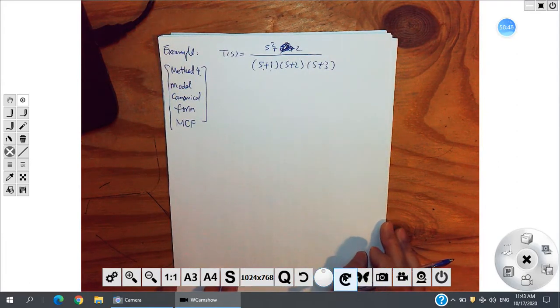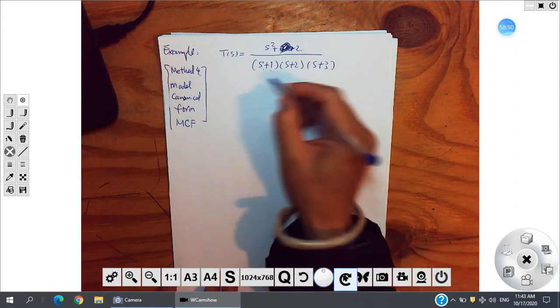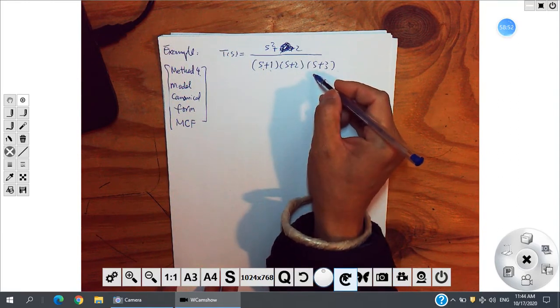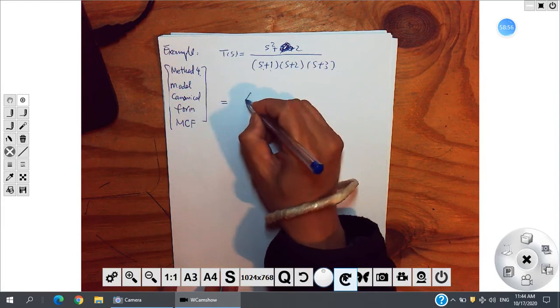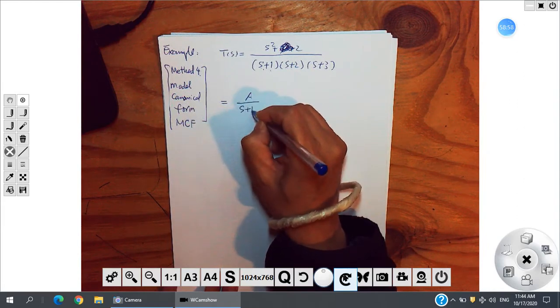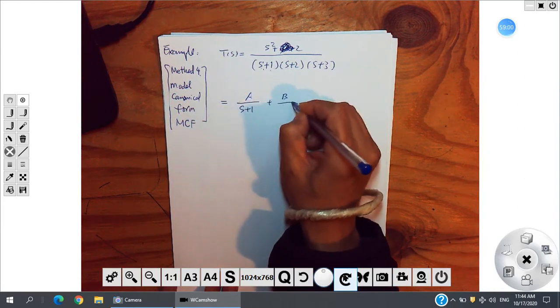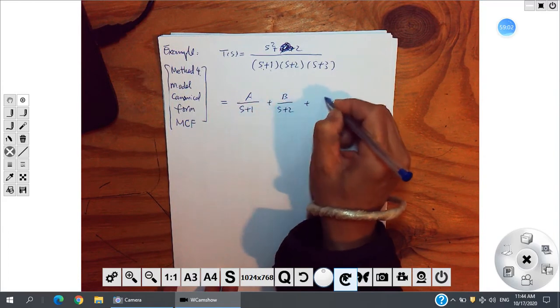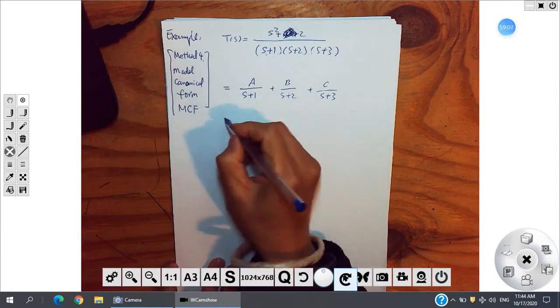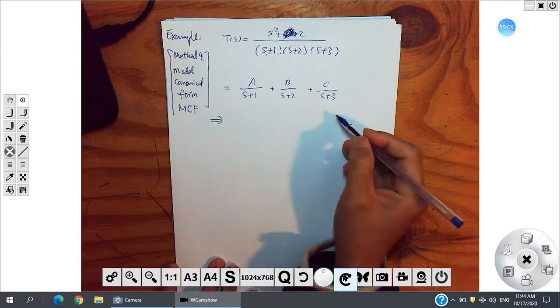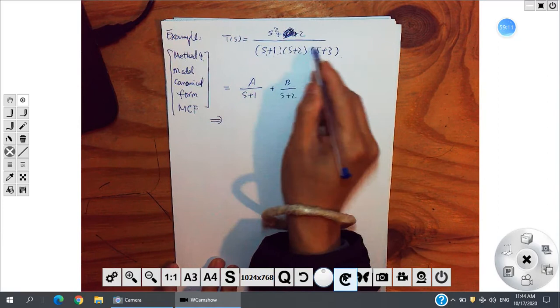But now we use partial fractions. We write this as A over S plus 1, B over S plus 2, and C over S plus 3. Then we can find what A, B, C are. We multiply the denominator on both sides.